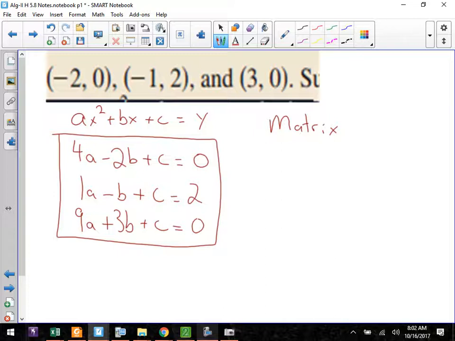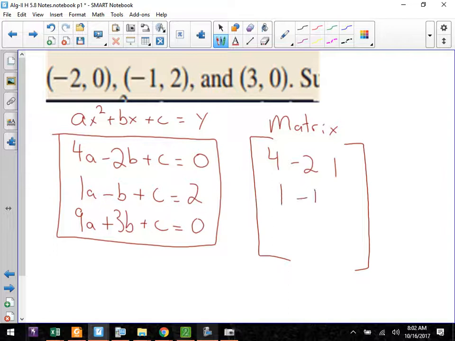If I write out the symbols for matrices, it's the giant brackets. And I put in my coefficients, 4, negative 2, 1, 1, negative 1, 1, 9, 3, 1.